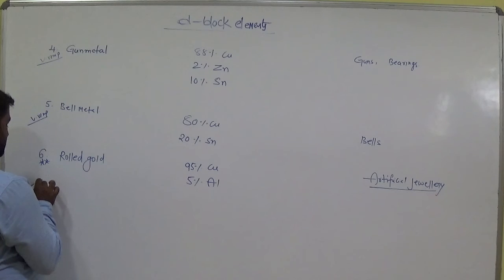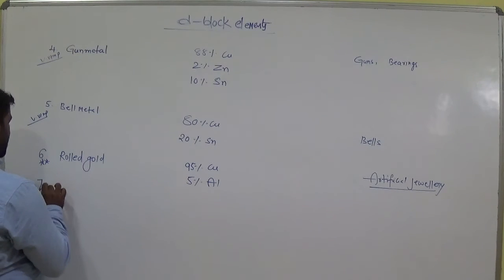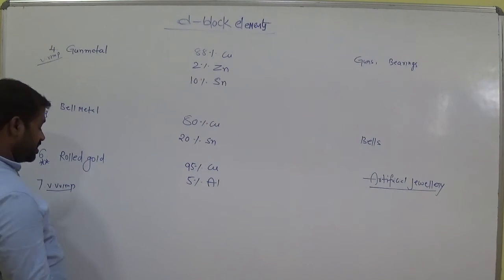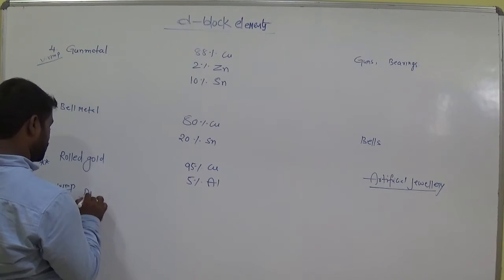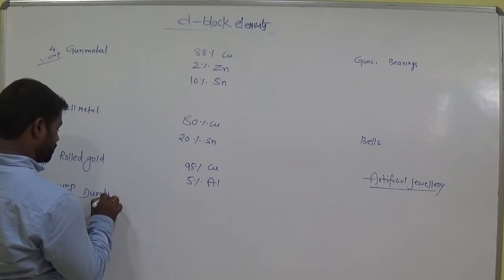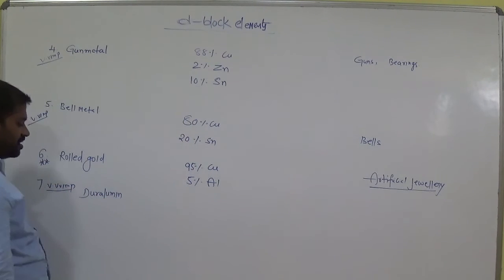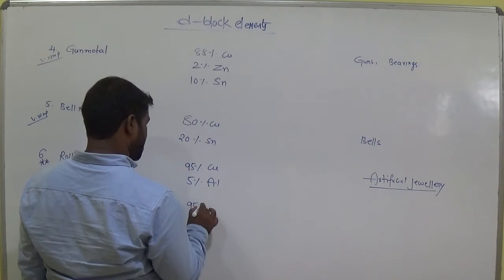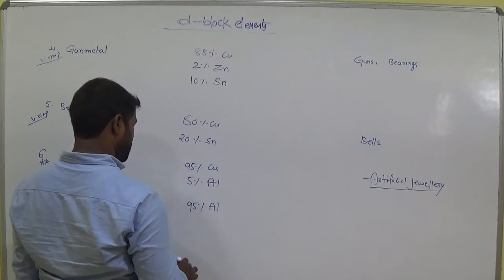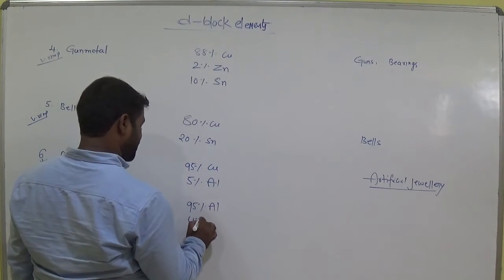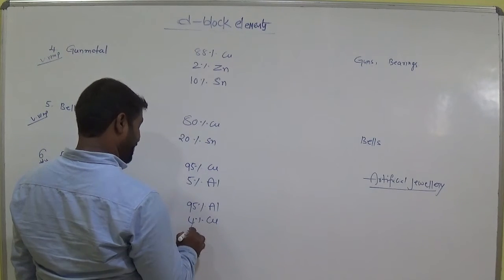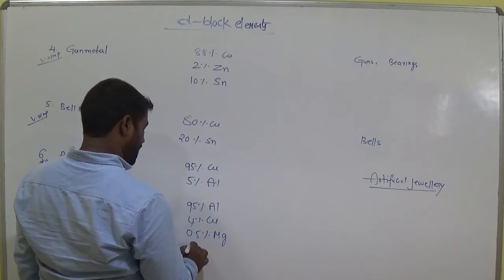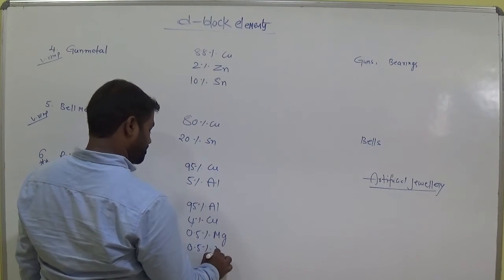And the seventh one, that is very important for JEE, NEET, is duralumin. In that, 95% of aluminium, 4% of copper, 0.5% of magnesium and 0.5% of manganese.